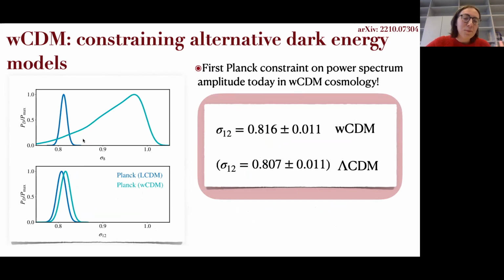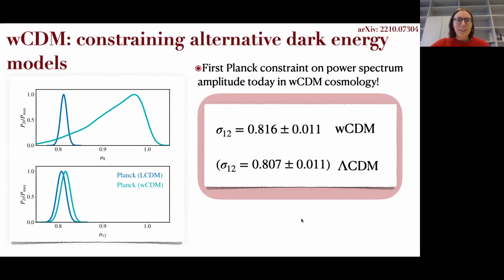And again, when we compare this to sigma 8, we don't get the same result, and we get this really, really wide constraint. And again, this is not because Planck does not know what the clustering amplitude is. It's because it doesn't know what scale to measure it on. So if we tell it to measure sigma 8 at 8 megaparsecs over h, it just doesn't know what 8 megaparsecs over h corresponds to in these cosmologies with varying dark energy density.